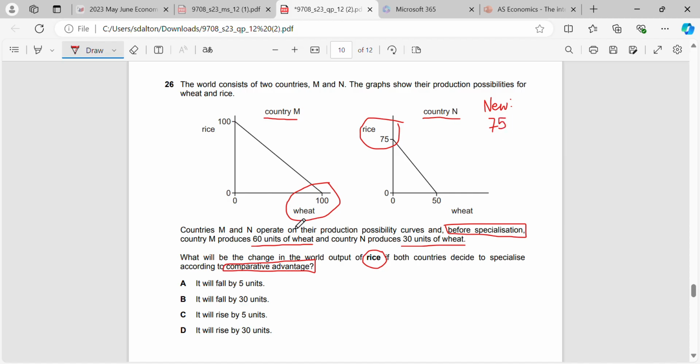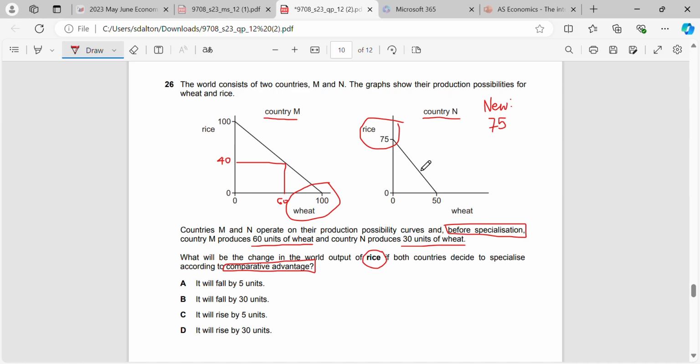Okay, now we need to figure out where they were on these PPCs. Country M produced 60 units of wheat. We can see that their opportunity cost is 1:1. So if they're producing 60 wheat, they must have been producing 40 rice before specialization occurred.